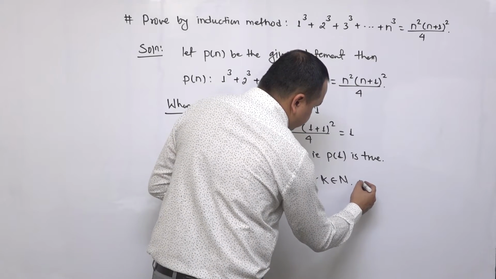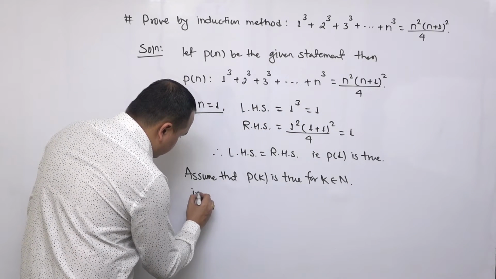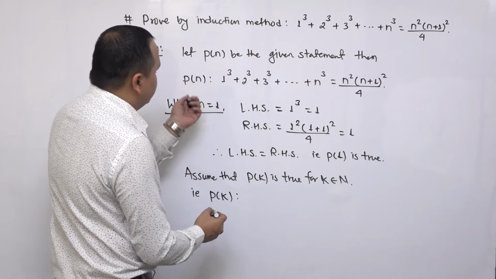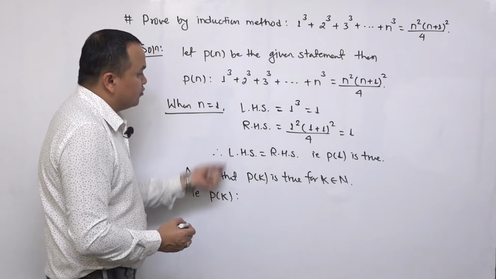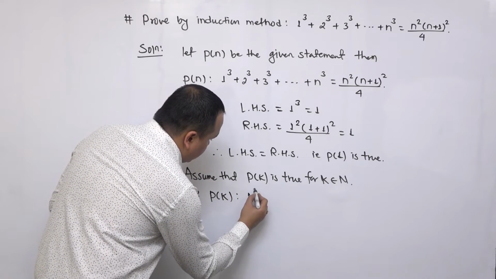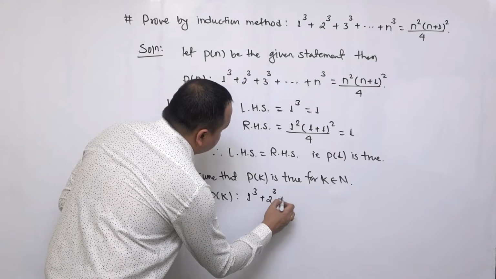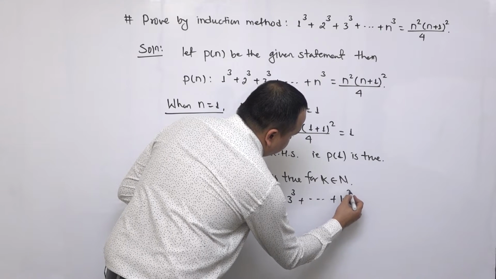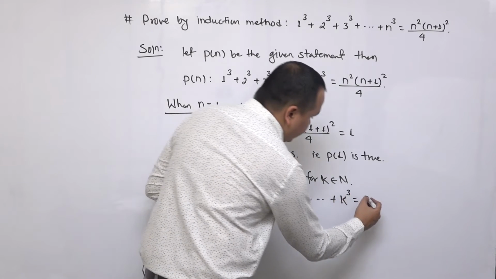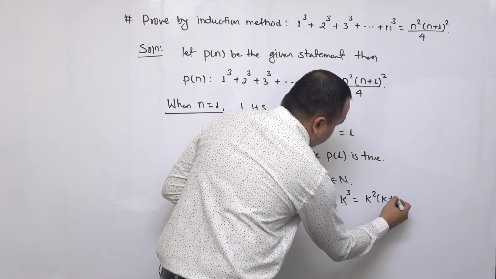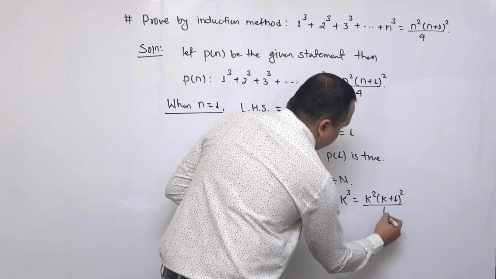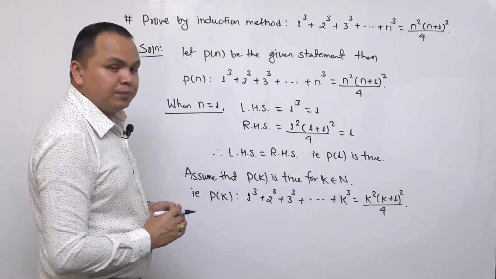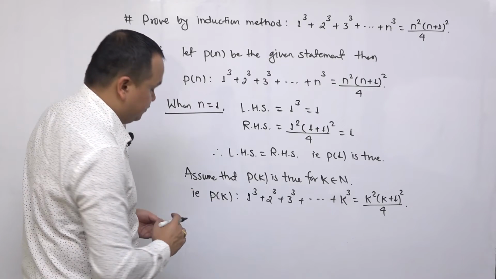That is, Pk such that here n is replaced by k, then we get 1 cube plus 2 cube plus 3 cube plus dot dot dot plus k cube is equal to k square times k plus 1 whole square divided by 4. We shall show that Pk plus 1 is true whenever Pk is true.